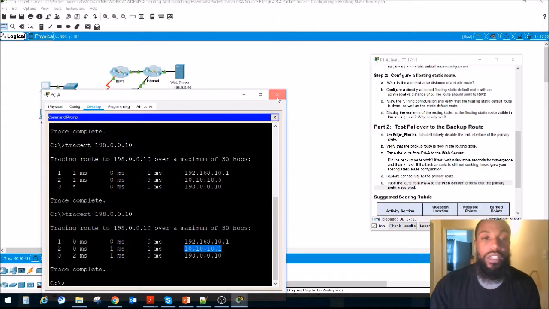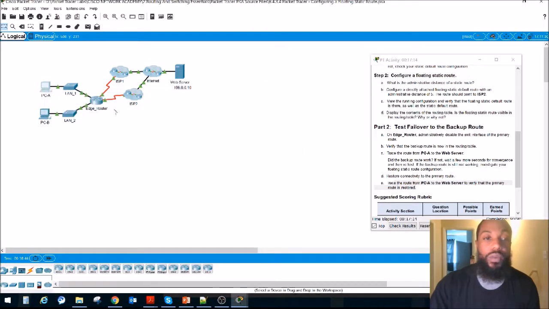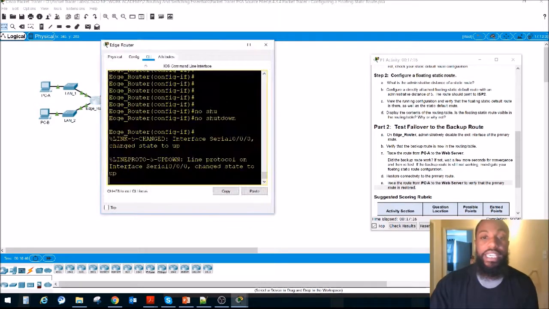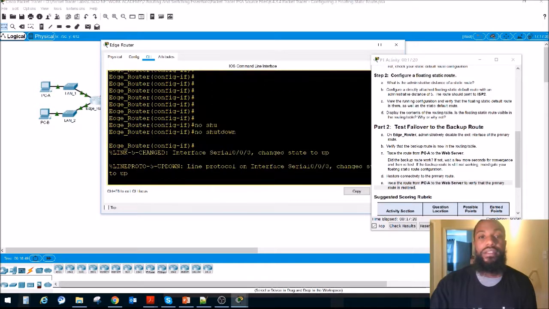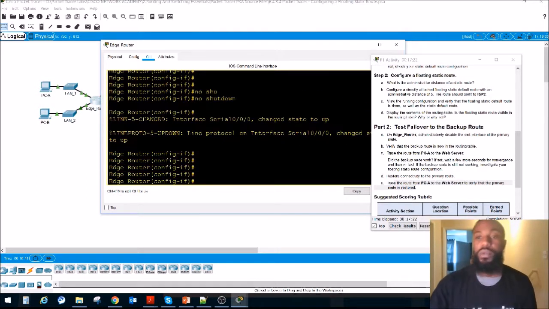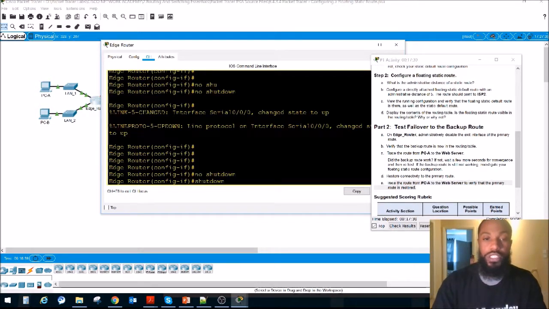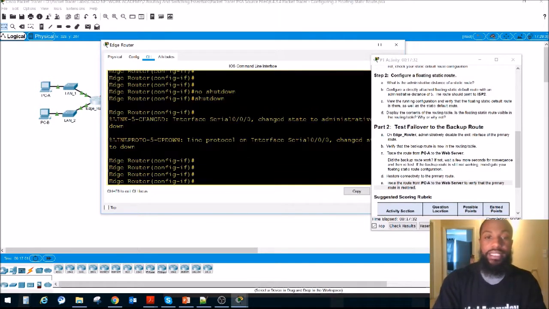Okay. Now let's take a look at the routing table. Oh, I guess we should have seen what route we had in there. We should have viewed the routing table. Let's do it anyway. Let's shut it down again. Oops. Shut. Right. Now let's take a look.